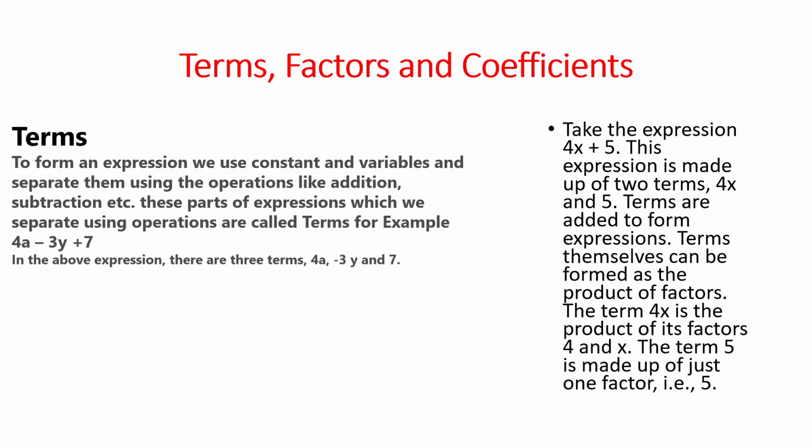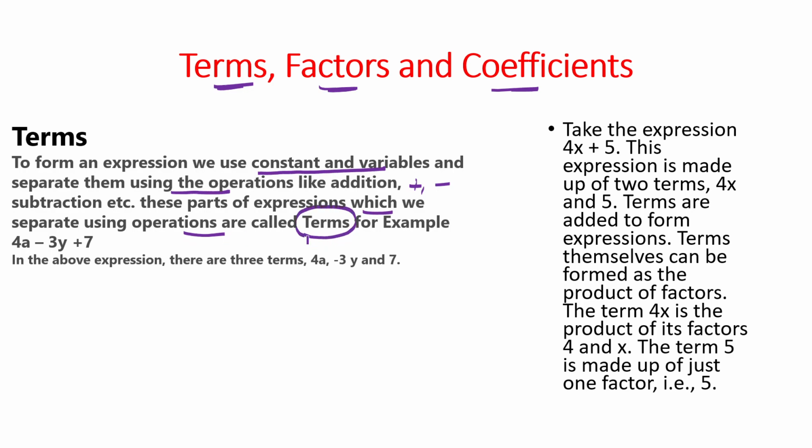Now, very important in an algebraic expression: what are the terms, factors and coefficients. We use constants and variables and separate them using operations like addition, subtraction, multiplication, division, whatever it may be. These parts of an expression, if we separate using operations, are called terms.